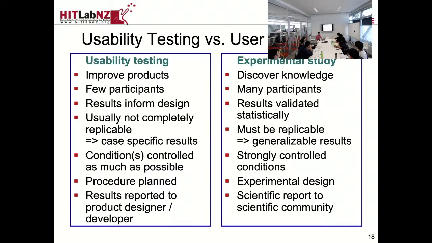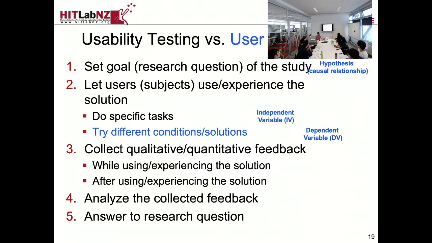Also, it is required to have a controlled environment, but that is not strongly recommended. It is much more flexible, the procedure is always planned, and the result is reported to product designers or developers, not to scientific communities. That is the main difference.